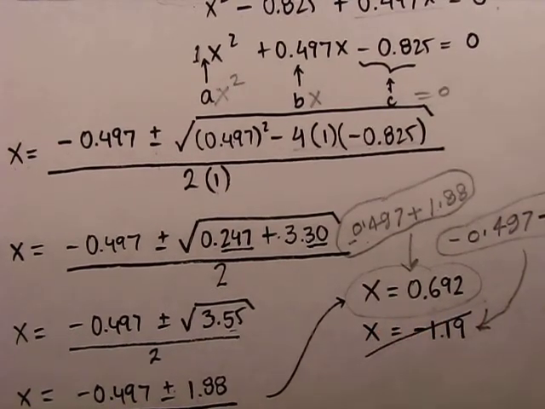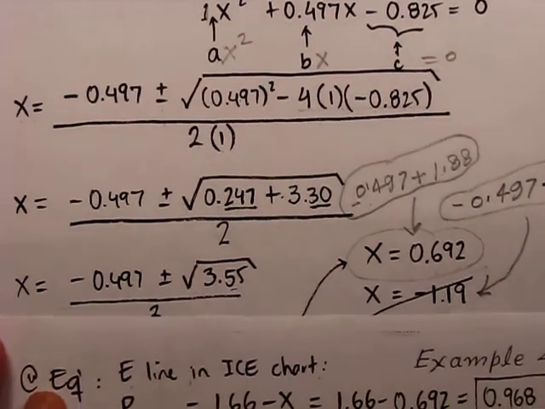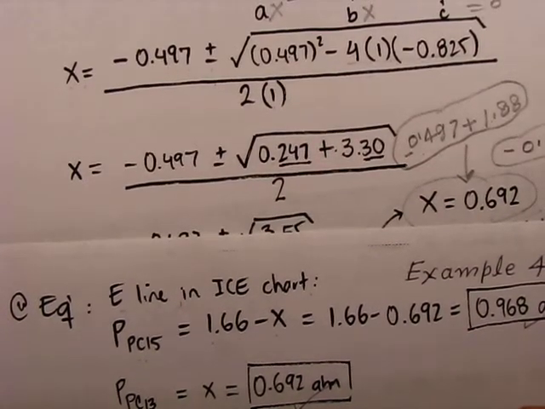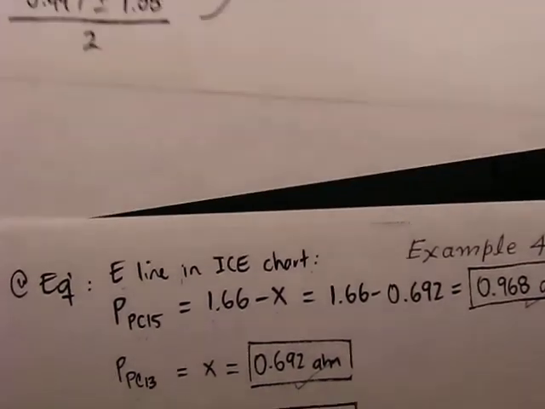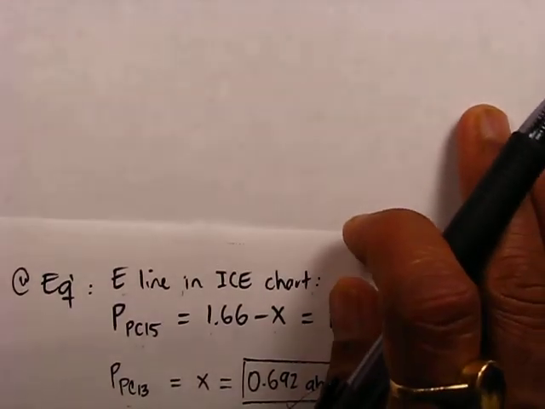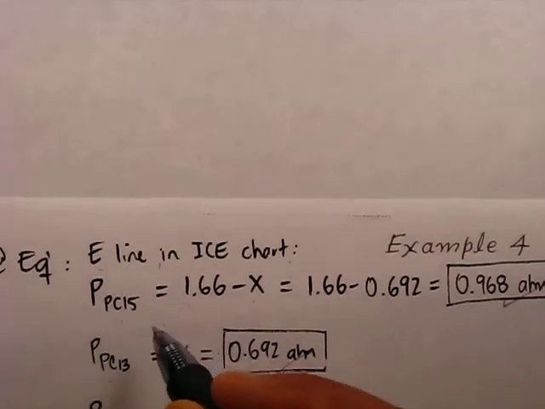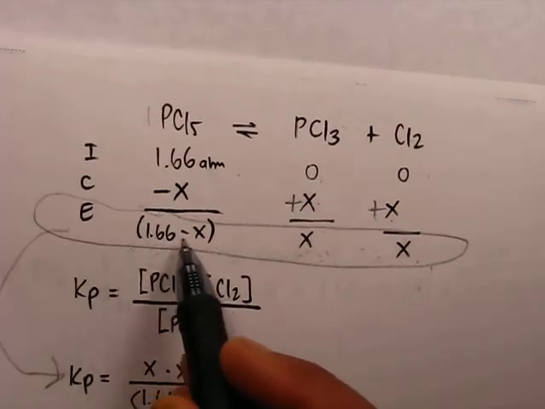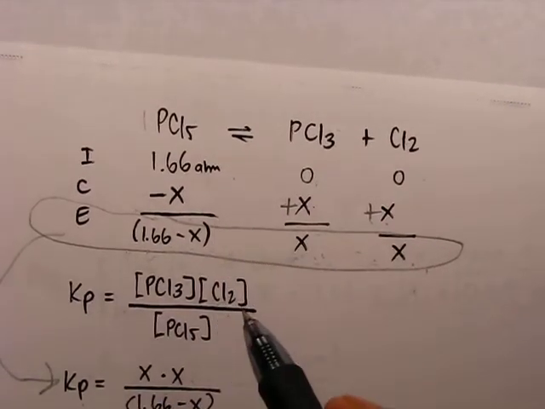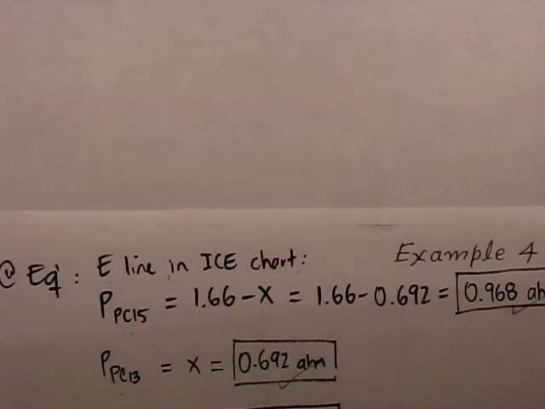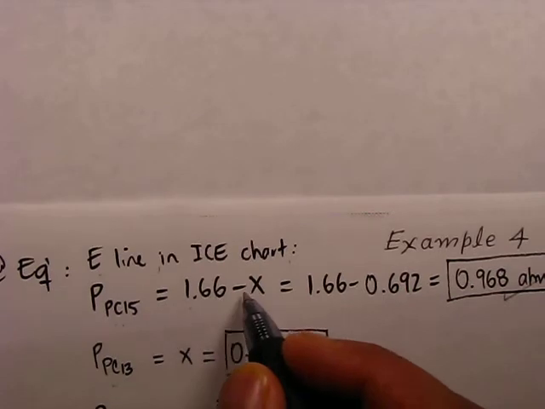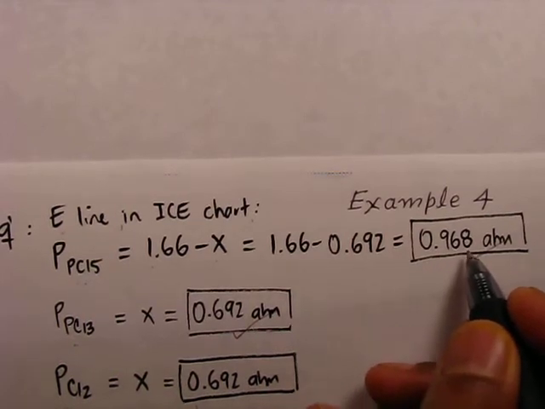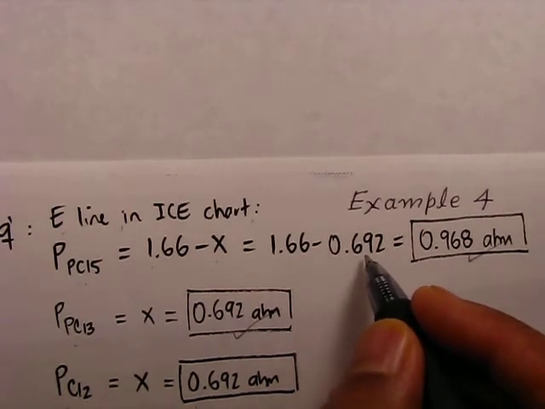And then from the equilibrium line, if you remember from before, PCl5 will be 1.66 minus x, and we are using only the positive x value, 0.692.